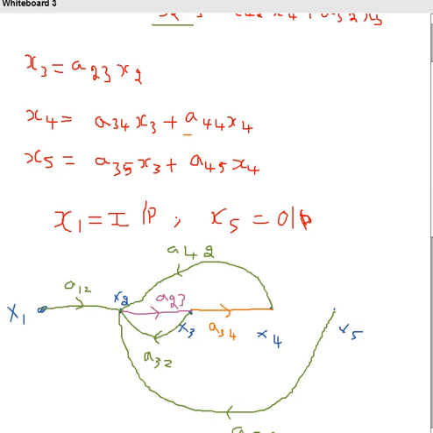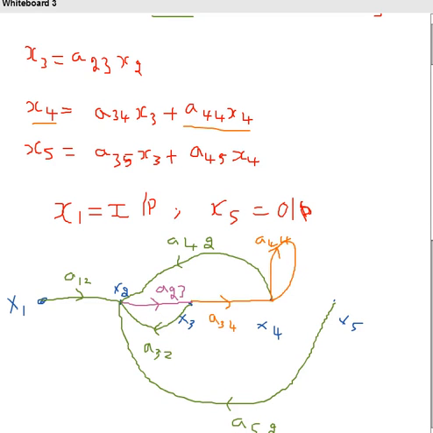And if you see this equation, a44 x4 is there. x4 is equal to a44 x4. That means, like this, a44 x4, same node. So now come to the last equation.